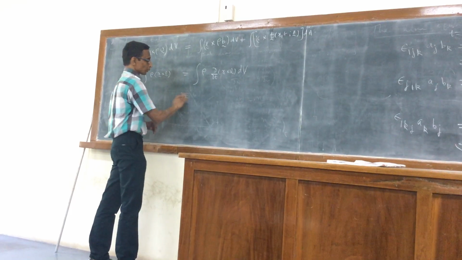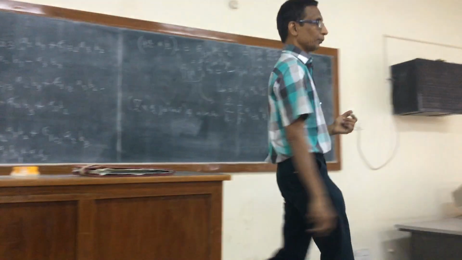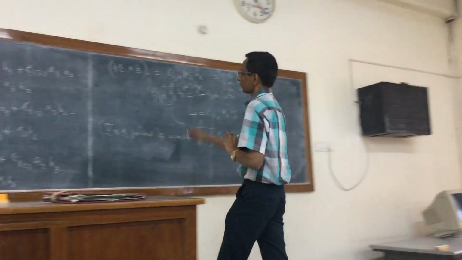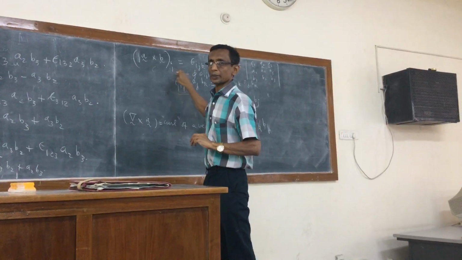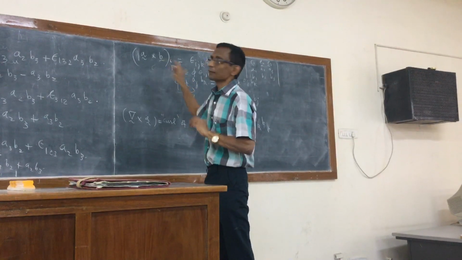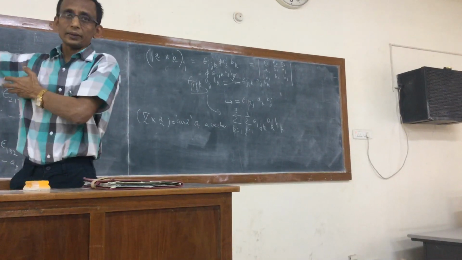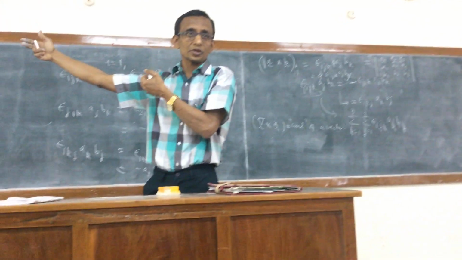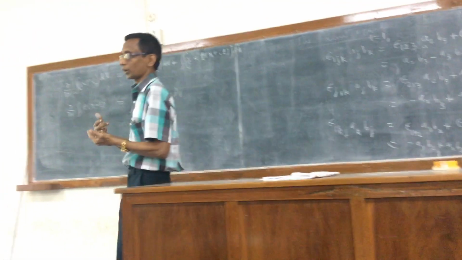So now you have d by dt of A cross B. Both are functions of time, and you can easily verify simply using this formula. Here, when I talk about general vectors, I am not saying what they are dependent on. Here I am dealing in fluid mechanics with something that's a function of either the spatial coordinates and time or the material coordinates and time.